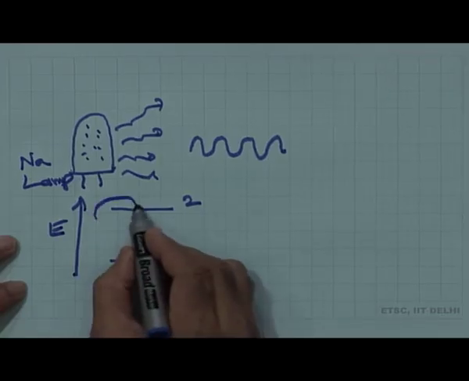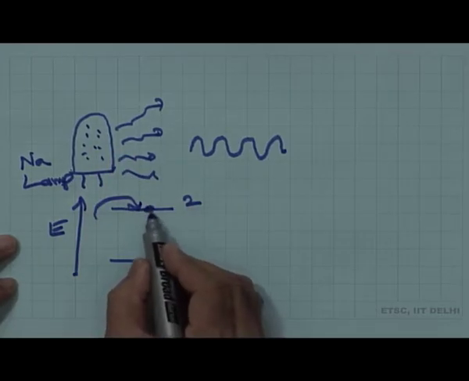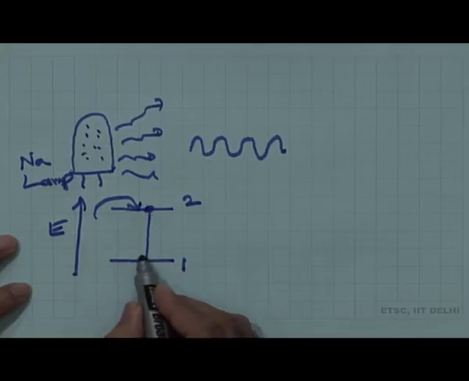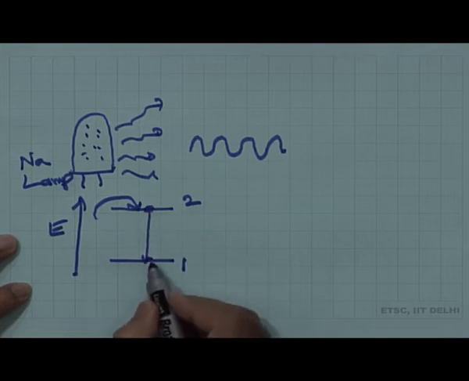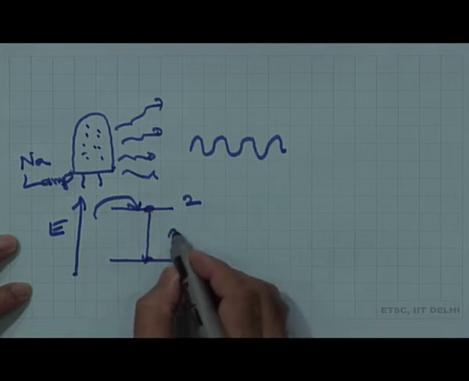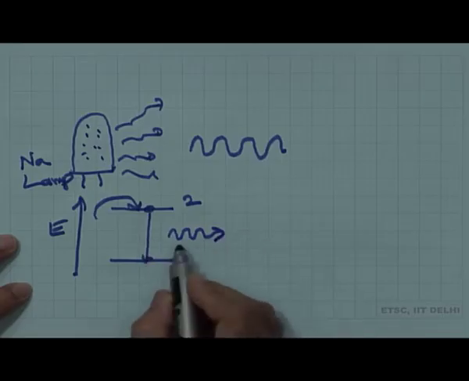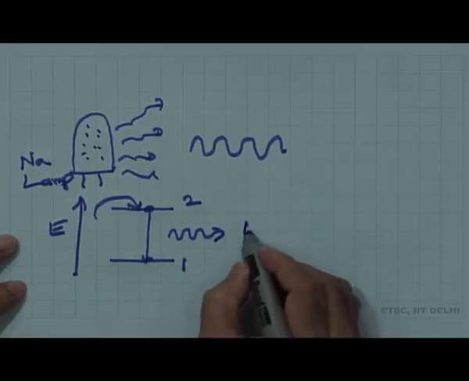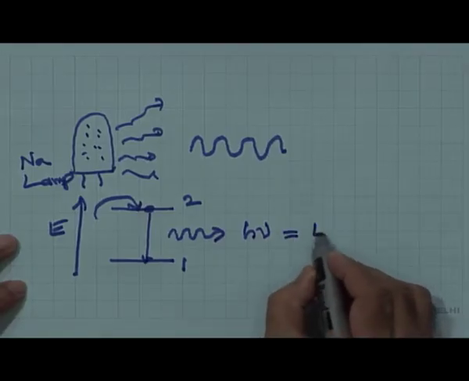Sodium atoms are excited by electric discharge, and the excited sodium atoms come down, that is, they get de-excited to a lower energy level, and the energy difference is given out as a photon, an energy packet of energy h nu, which is equal to the energy difference.